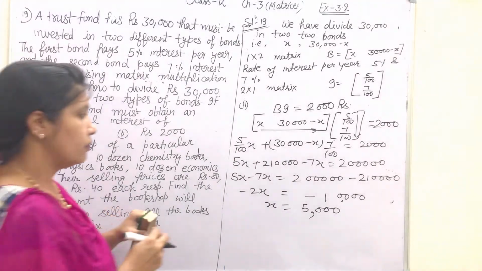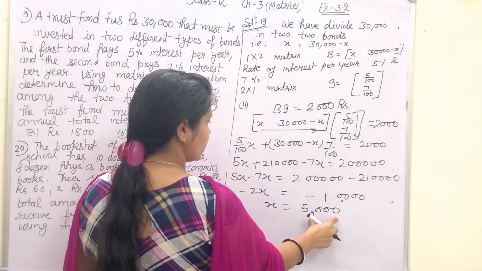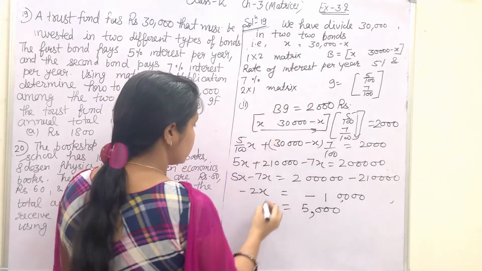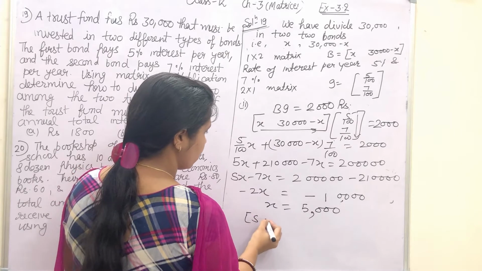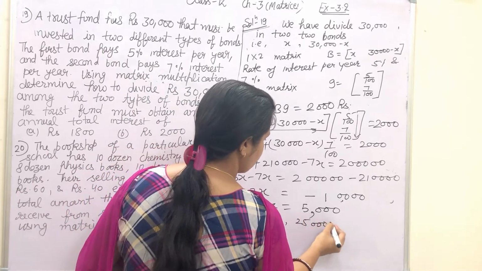We know that the first bond is x, so the first bond is 5000 and the other bond is 25,000.